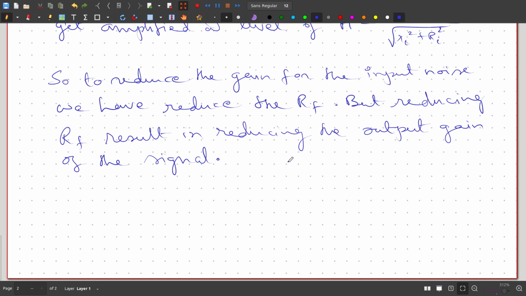That can be done by adding a component in parallel to Rf. So let me draw the modified circuit again. The second modification, let me use green color.